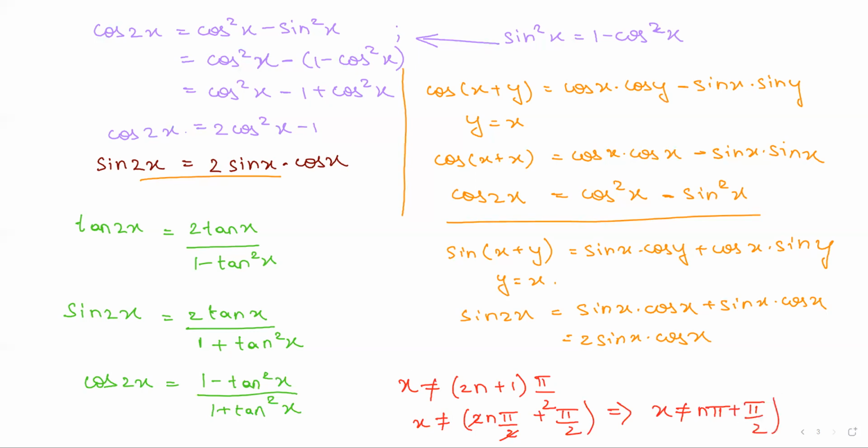This is what is directly written in your text, but it is derived from this: x should not be equal to an odd integral multiple of pi by 2.